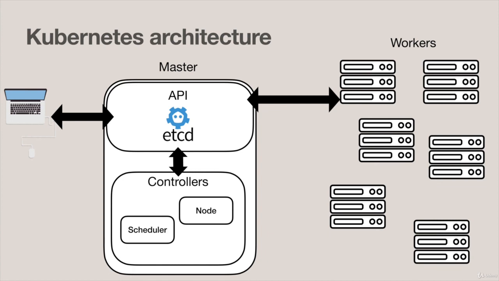Then the master component of Kubernetes has a set of controllers. And what these controllers do is they watch the data inside the API server, and then they act on that. So when we create a new deployment, it's not going away and creating all of the pods and containers directly. It's just storing the information in the API server.